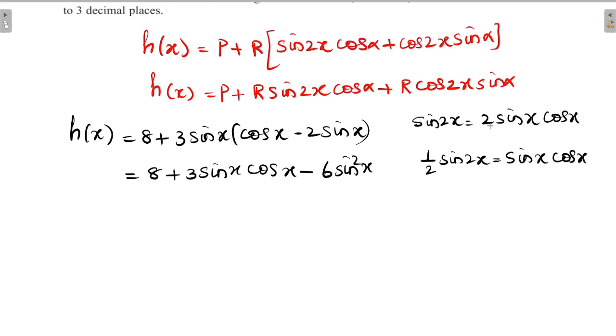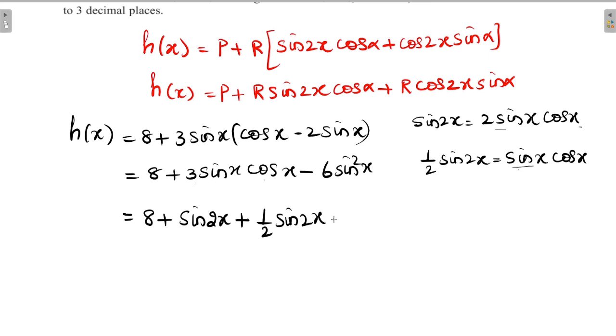So 2 sin x cos x plus 1 sin x cos x is 3 sin x cos x. So let's replace here 8 plus 2 sin x cos x, we can write sin 2x, plus 1 sin x cos x, we can write 1 by 2 sin 2x.